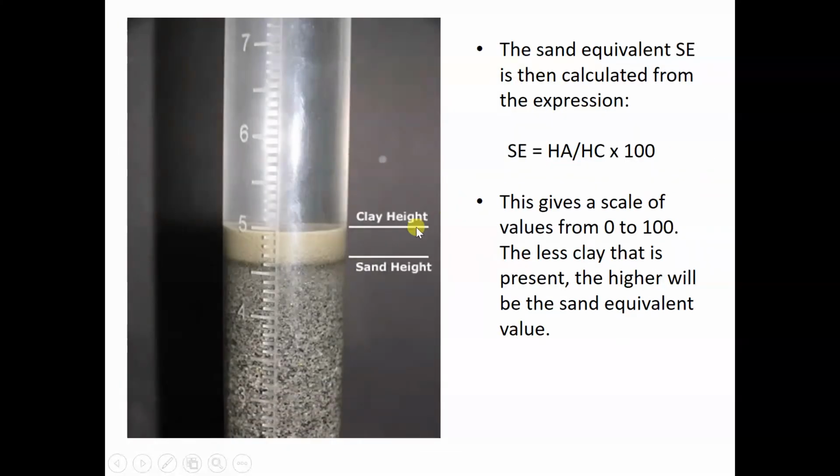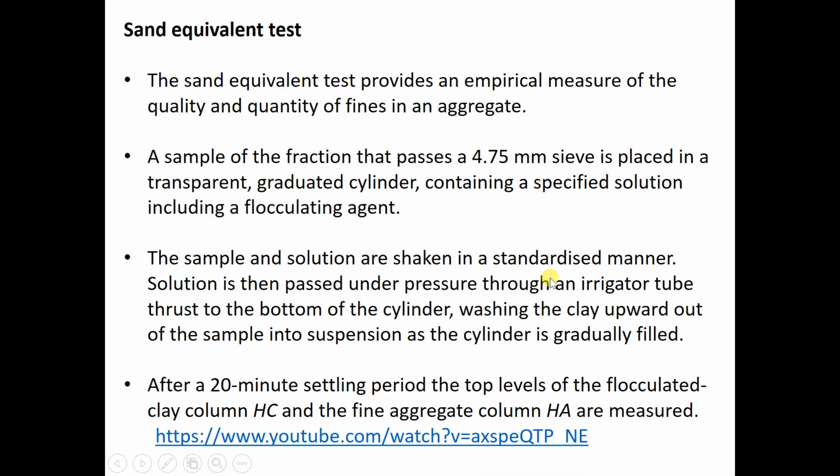After passing that, you mix with water and some chemical, and then at the top there will be a mixture of clay on top and sand below. We can see how much clay there is. Later on we can see the sand equivalent, the SE, the clay column HC, and then the fine aggregates column HA.